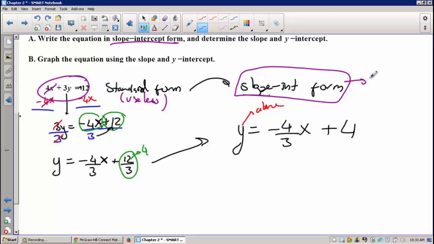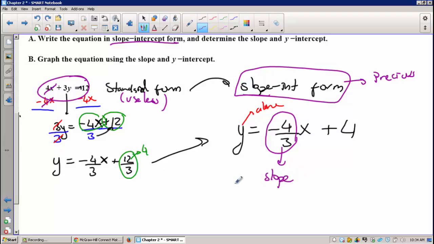This is precious. Why? Because it already tells you what the slope is. Without any extra work, you can just read the slope out of this equation. You don't have to get 2 points, subtract them and divide them, or graph to compute slope. You can read the slope right here.